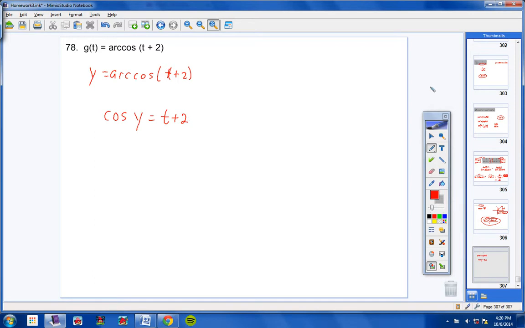So that's the first thing you want to do, students: rewrite your arc cosine so that it looks like this, okay? Now, next, let's go ahead and get a table of values set up here. Usually it's x and y, but in this case, it's going to be t and y, which is totally fine, no big deal. So when we graph this, instead of having an x and a y axis, we're going to have a t and a y axis, okay?